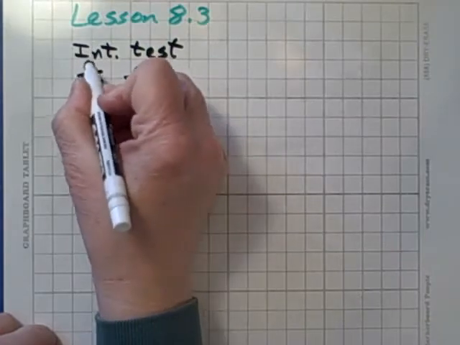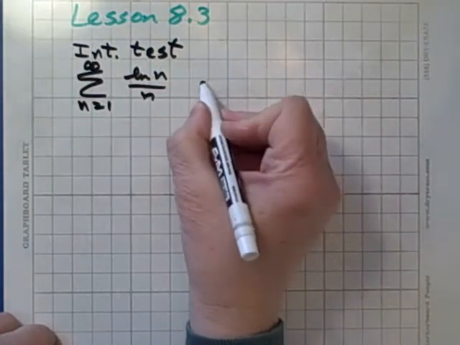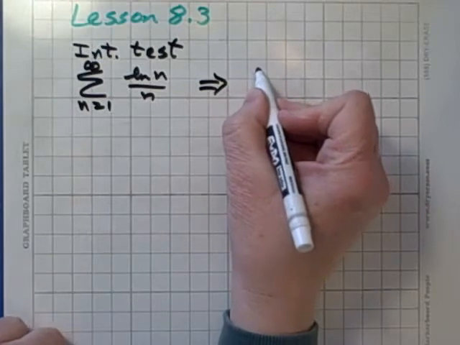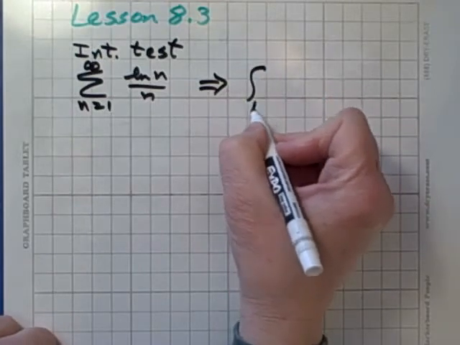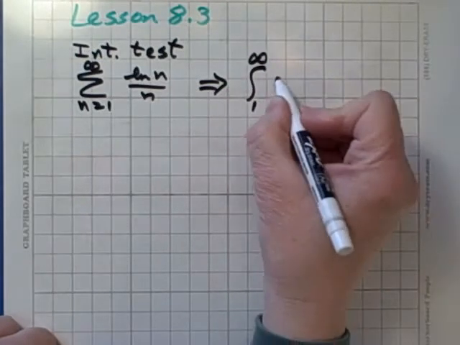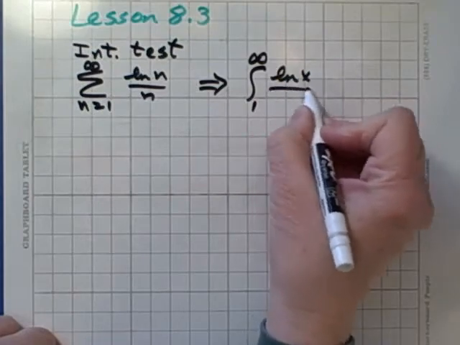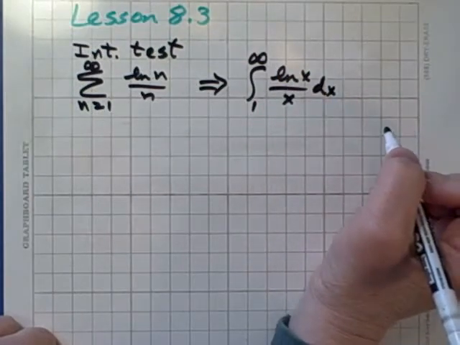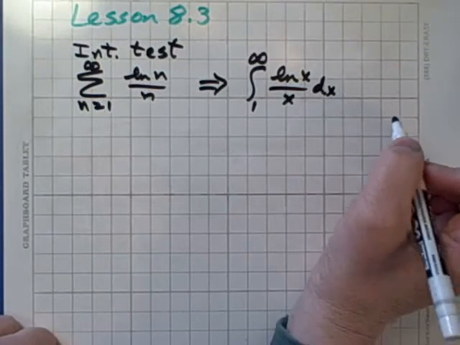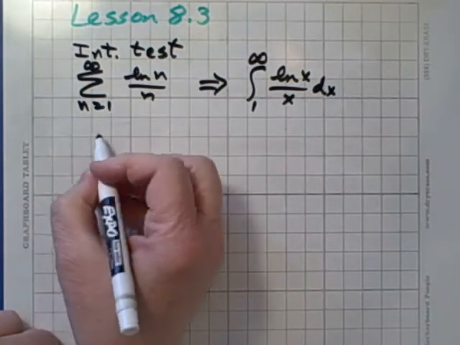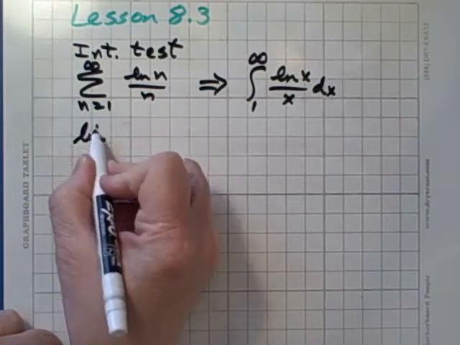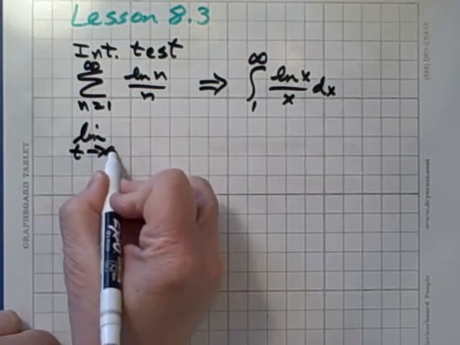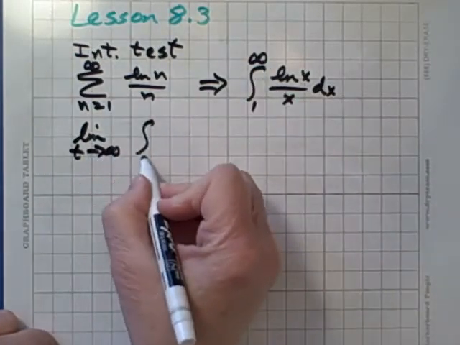N goes from 1 to infinity. And what we are going to compare it to is, what does this integral do? Natural log of x over x as an improper integral. We would carry out the normal steps of limit as t goes to infinity, replace this with t.